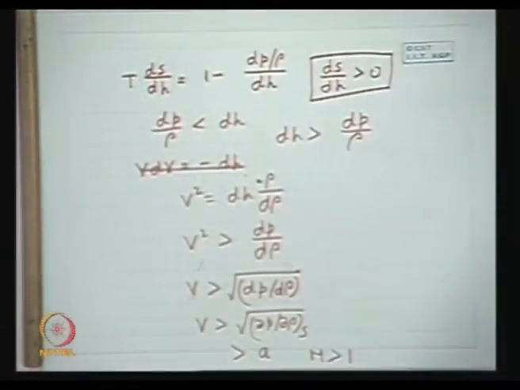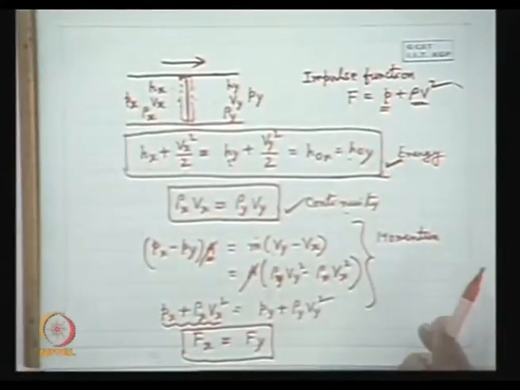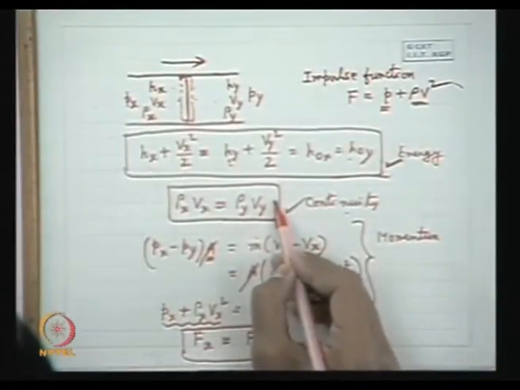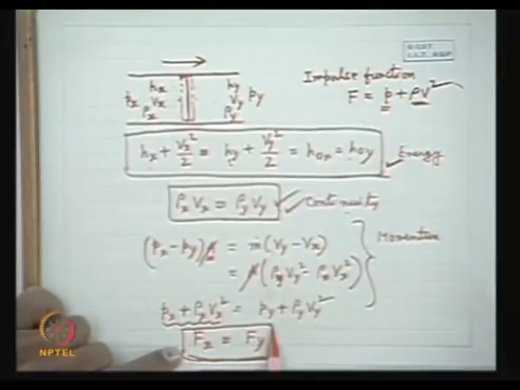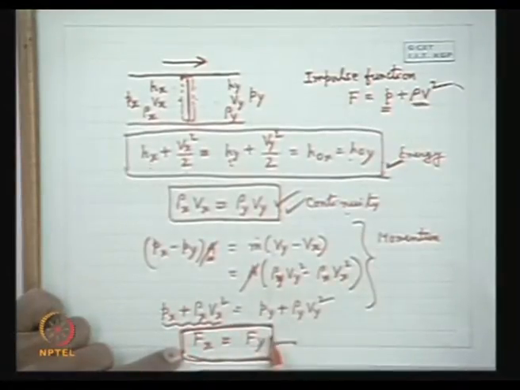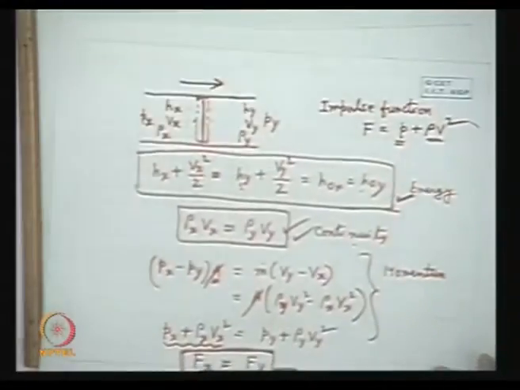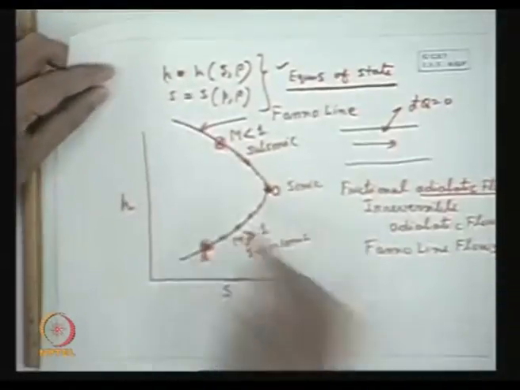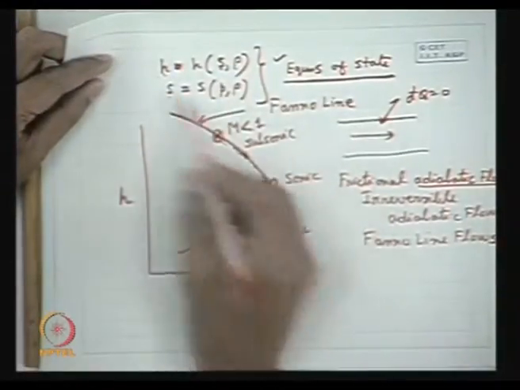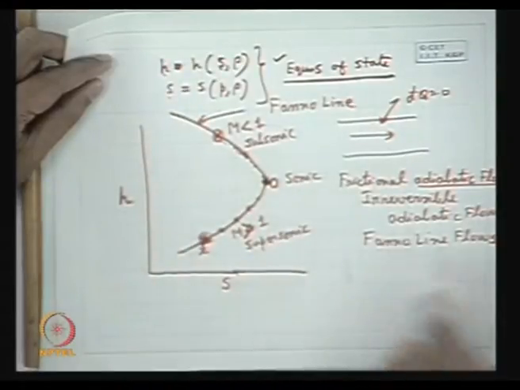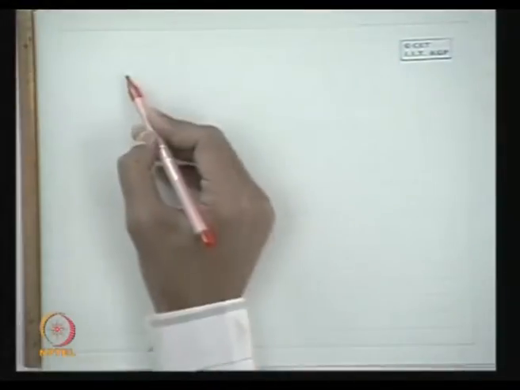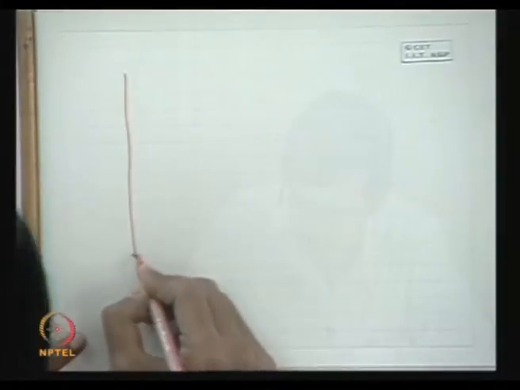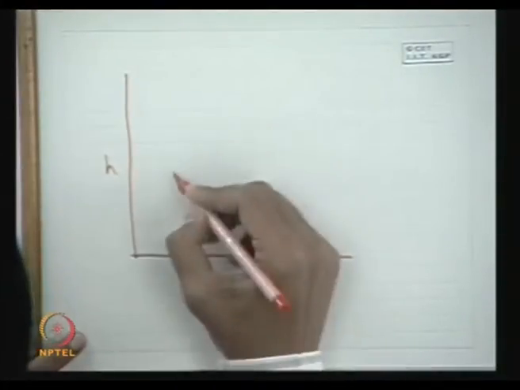If we try to draw the locus of points which satisfy the continuity equation, the impulse function, that is the momentum equation for zero friction, and the thermodynamic equation of state, an implicit functional relationship that depends upon the particular working system, and we draw the locus in the h-s plane, the locus will be like this.